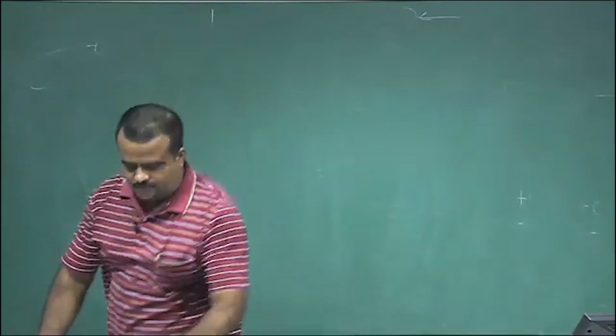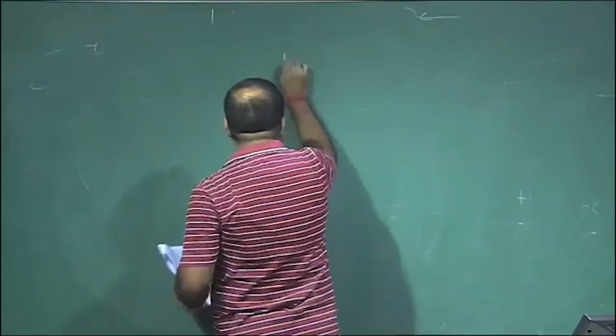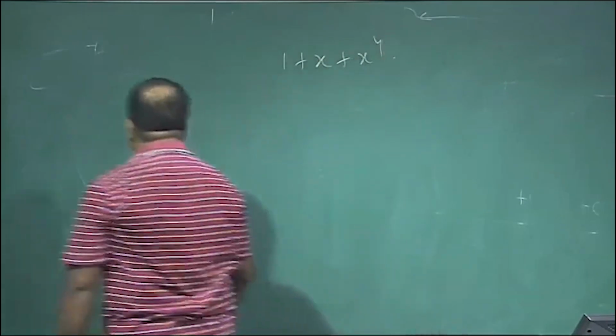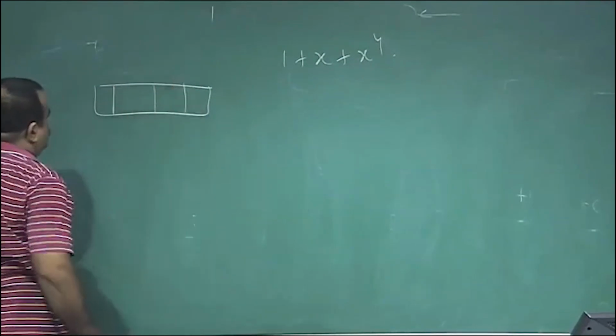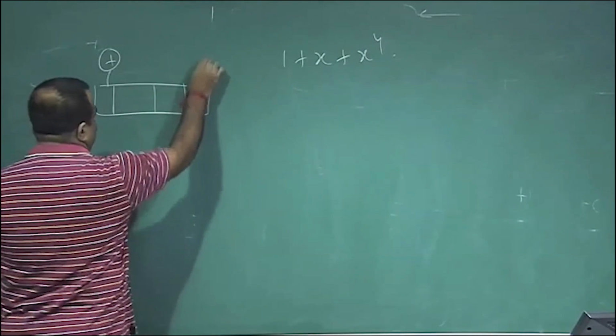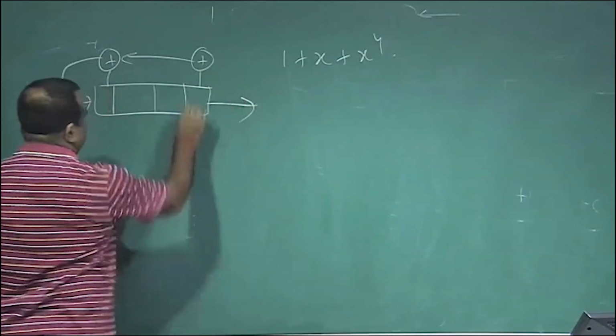So, suppose we take the polynomial 1 plus x to the power 4. That means our LFSR is this. So, 1 is there and x to the power 4 is there. This is our LFSR.